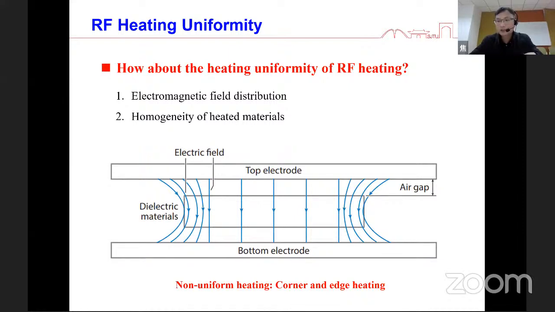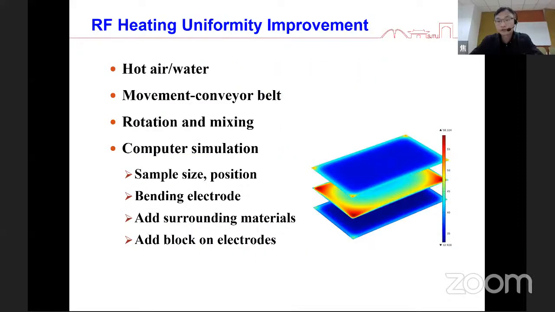But generally speaking, RF heating would have better uniformity than conventional heating methods. We should know this. But it's not totally uniform, especially when we do pasteurization or sterilization studies, right? We try to make this heating process more uniform to kill the bacteria and keep the good quality of the food. So as we know, it's not a totally uniform heat.